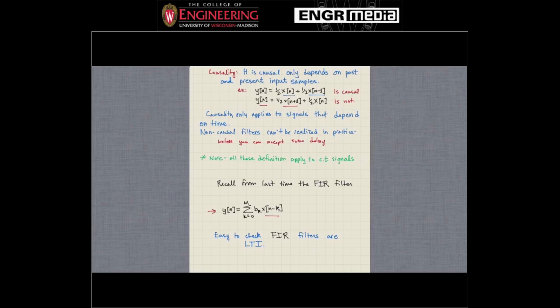So we say that such a system is a linear time invariant system, or an LTI system. LTI stands for linear time invariant system. And it's easy to check. We really just did this in the examples that we just went through, looking at the specific moving average filter, that FIR filters are linear and time invariant.